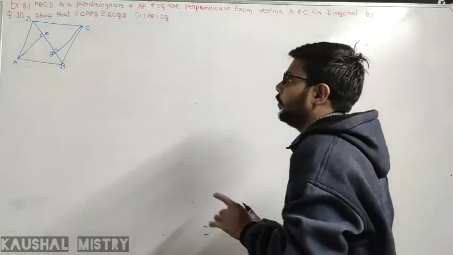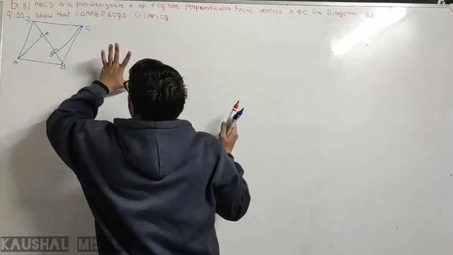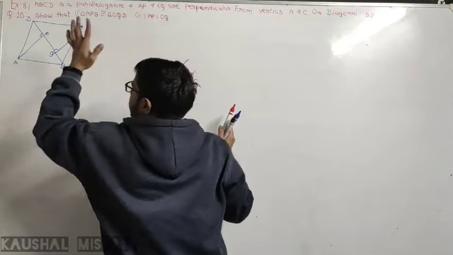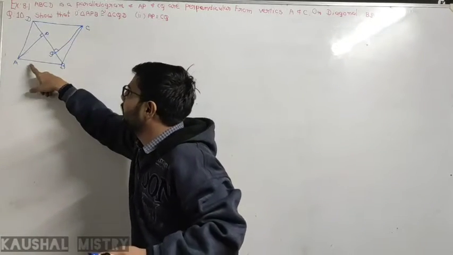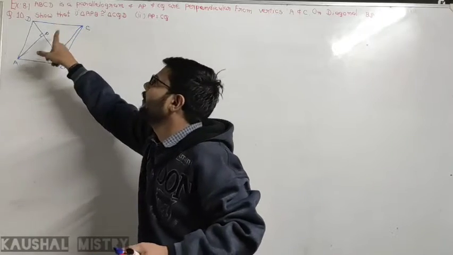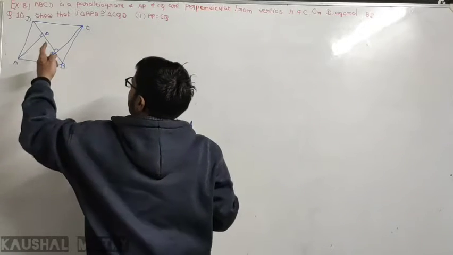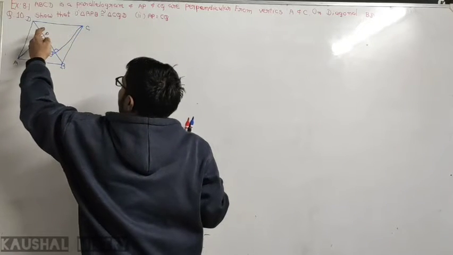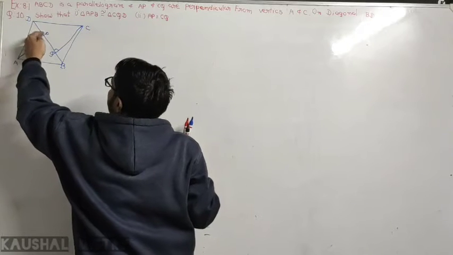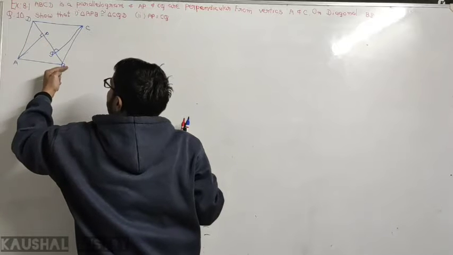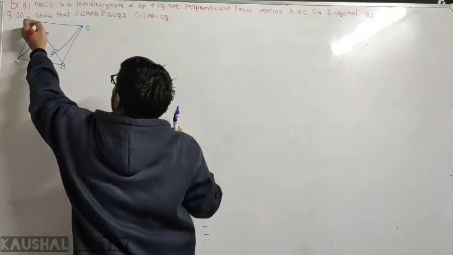Now, because ABCD is a parallelogram, this side is equal to this side. So in these two triangles, one side is the same, that is AB and here it is CD, right? Another thing, angle CDP is equal to PBA, because these two are alternate interior angles.